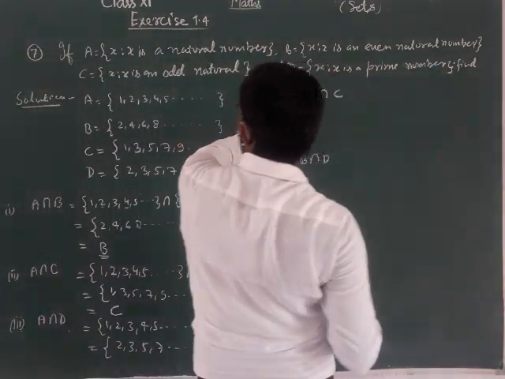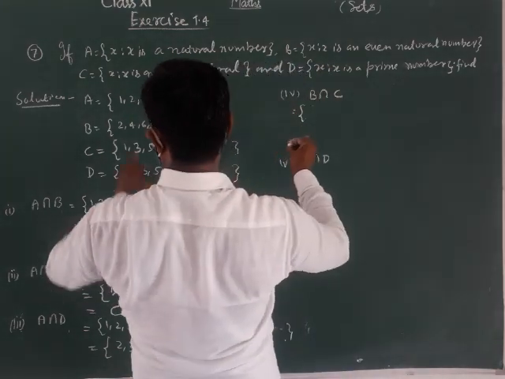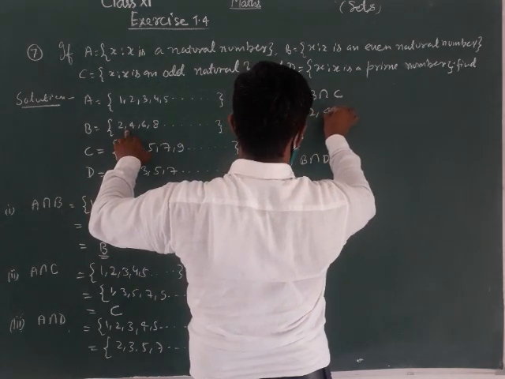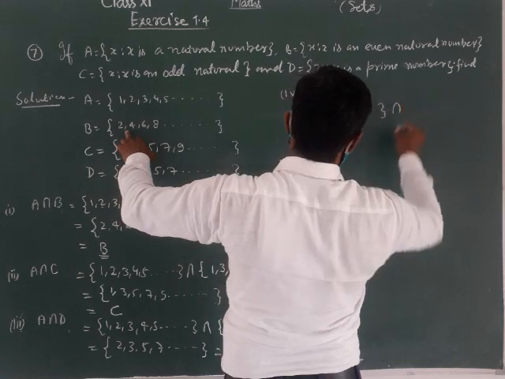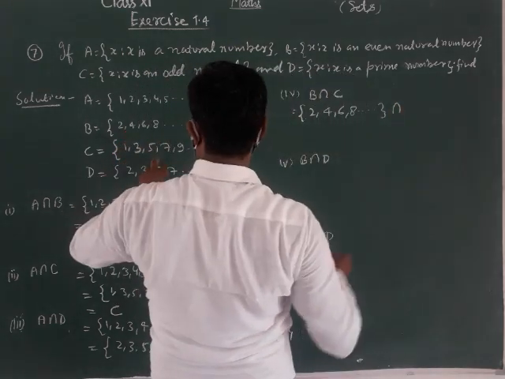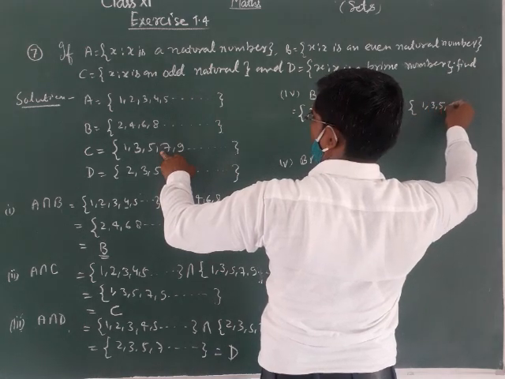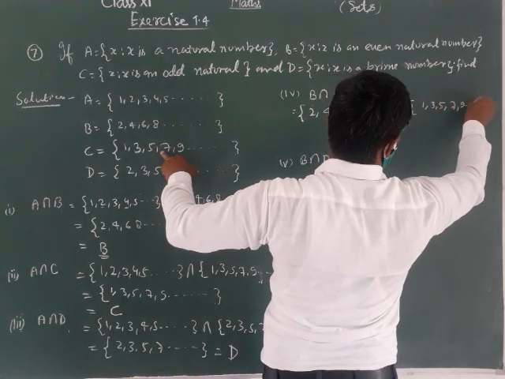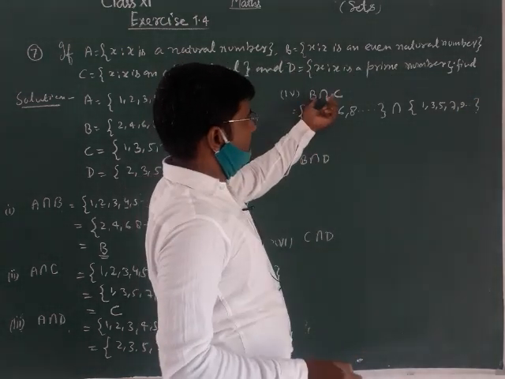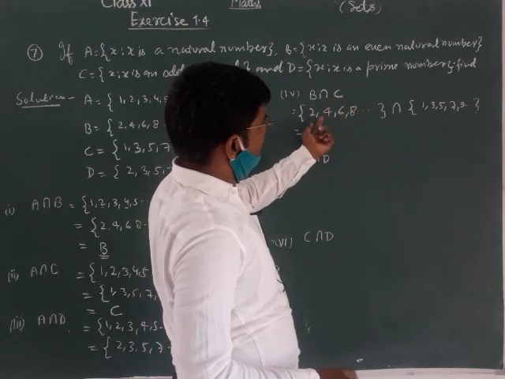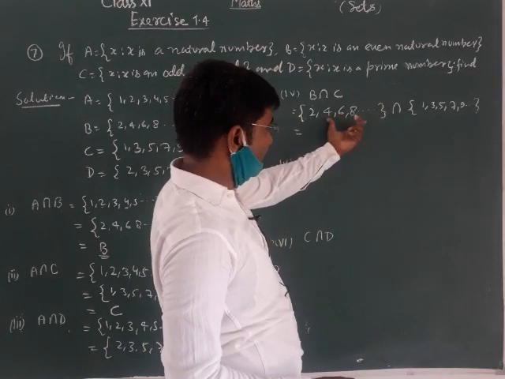B intersection C. B has the elements 2, 4, 6, 8 and so on, and C has the elements 1, 3, 5, 7, 9 and so on. So for the common elements of B intersection C, there are no common elements in both sets.